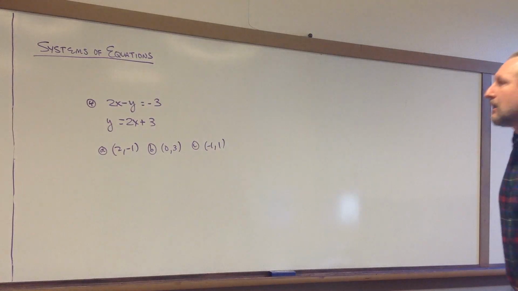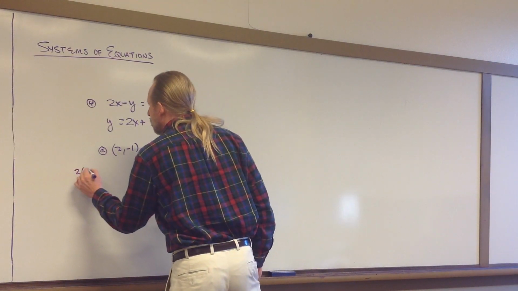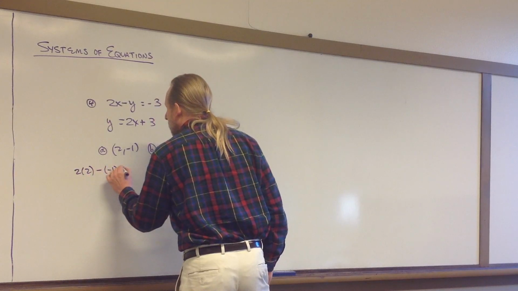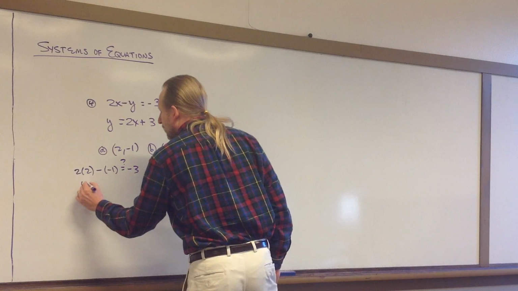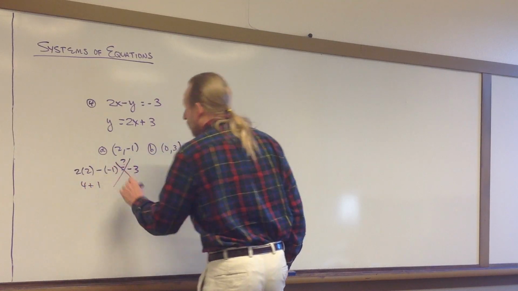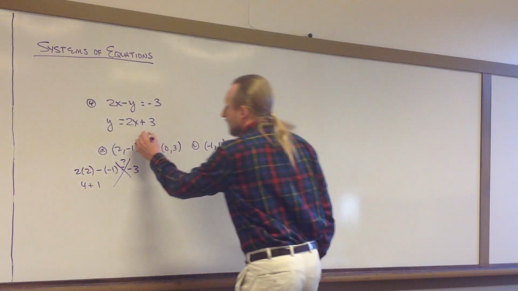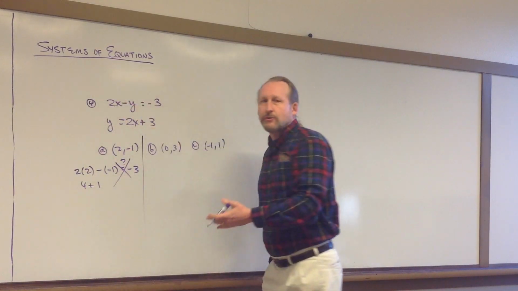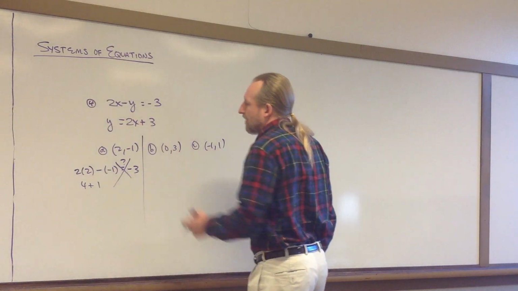Again, let's just plug them in. For A, we're going to have 2 times 2 minus -1. Is that equal to -3? Well, this is 4 plus 1, so no, it's not equal to -3. And again, if it doesn't satisfy the first equation, we don't have to plug it into the second one, because it has to satisfy both.